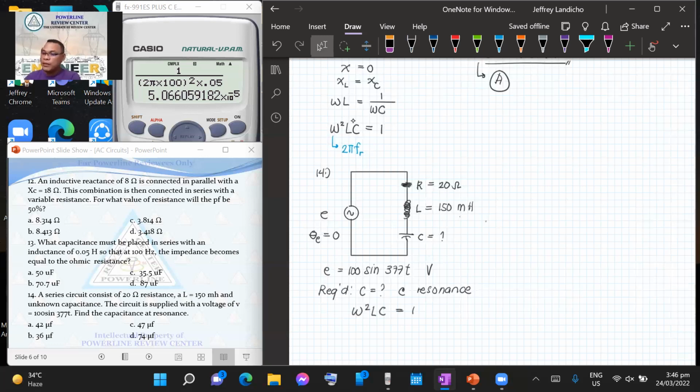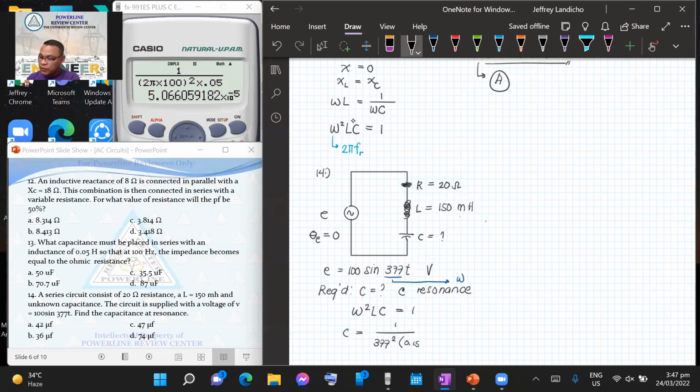Now, by inspection, 377 represents our angular velocity. Tama ba? So therefore, wala nang problema. Capacitance is equivalent to 1 over omega squared times L, based on the equation of your voltage, 377 squared multiplied by the inductance of 150 millihenry.